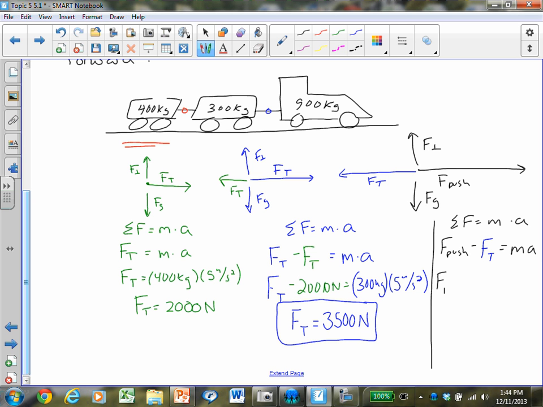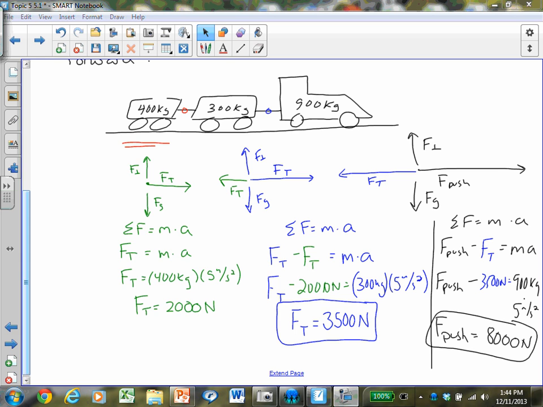So F push minus 3,500 newtons equals 900 kilograms times 5 meters per second squared, or 4,500. So calculating that out, you would get F push equals 4,500 plus 3,500, which is 8,000 newtons. And that's the end of 5.1.